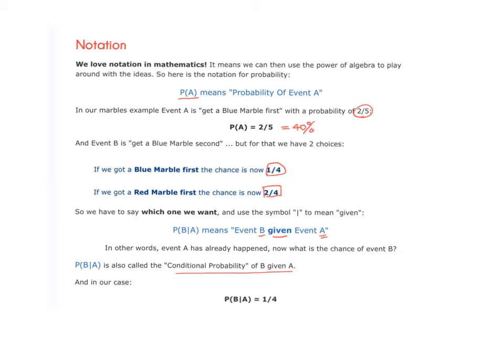So again, I want to bring your attention to this sentence. Event A has to happen first, and then now you're calculating event B, and that's what's called conditional probability of B given A. Okay.